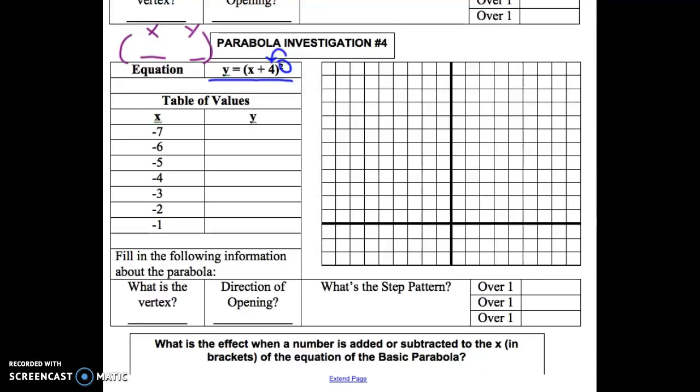So it's a +4, but the vertex is going to be, hopefully you can guess, a -4. So go ahead and try that one, plot the vertex, and notice that there is no k value, so you should hopefully be able to tell me what the k value is. Plot the vertex, and then even just try the step pattern and see what happens. But plot the rest of these points as well and see if your math works out. When you are done, you may raise your hand and I'll come look at it.